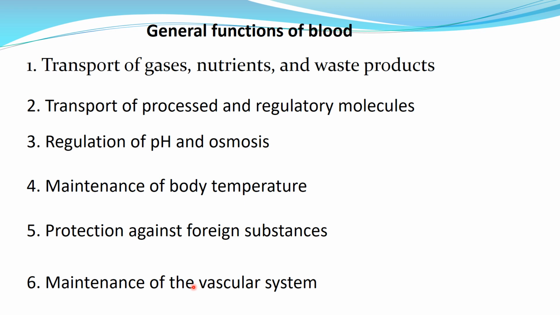So hemostasis is the prevention of the blood loss. It is made of different stages. We will explain it later. So blood can maintain the vascular system or repair any damages in the vascular system.